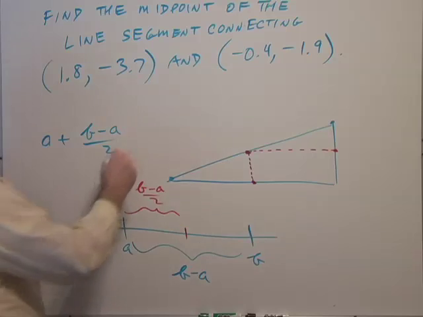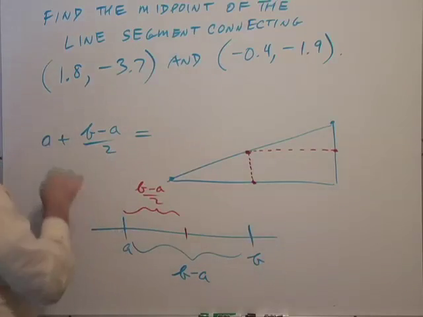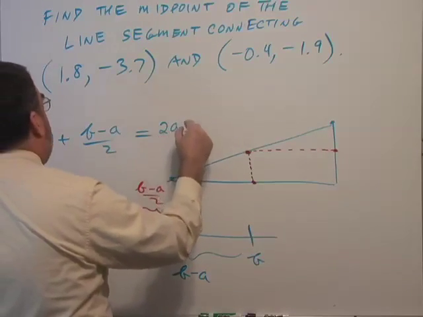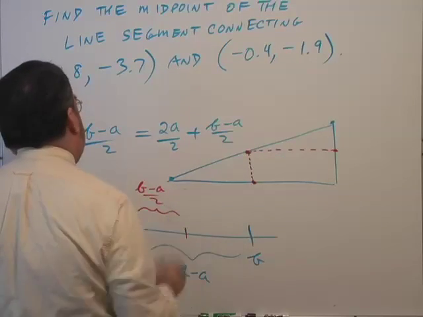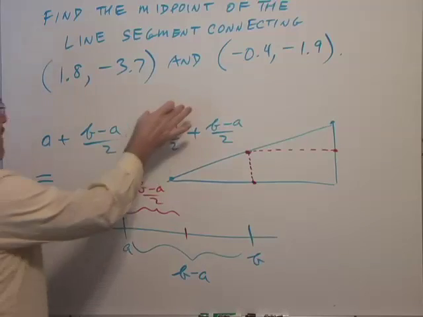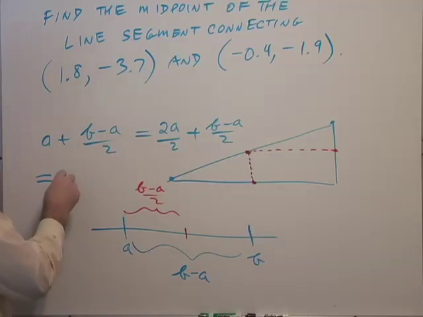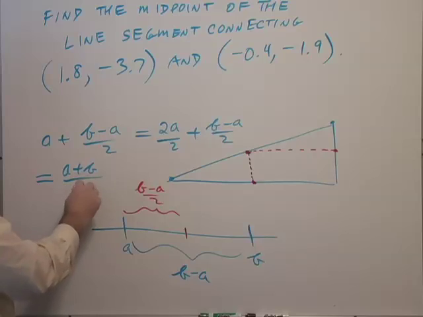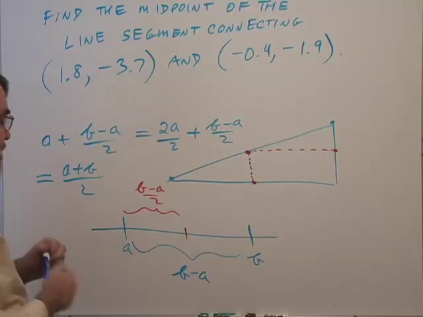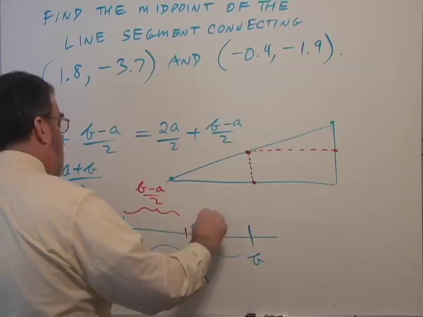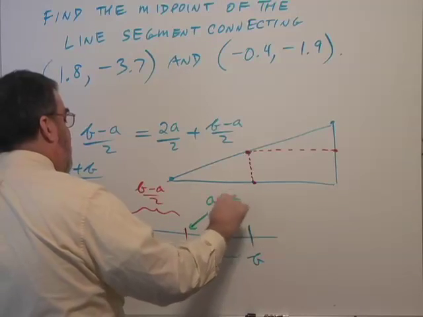If we work through the algebra, get our common denominator, I've got 2a over 2 plus b minus a over 2. And 2a minus a gives me a. I end up with a plus b on top, and 2 as my denominator. So my midpoint ends up being a plus b over 2.